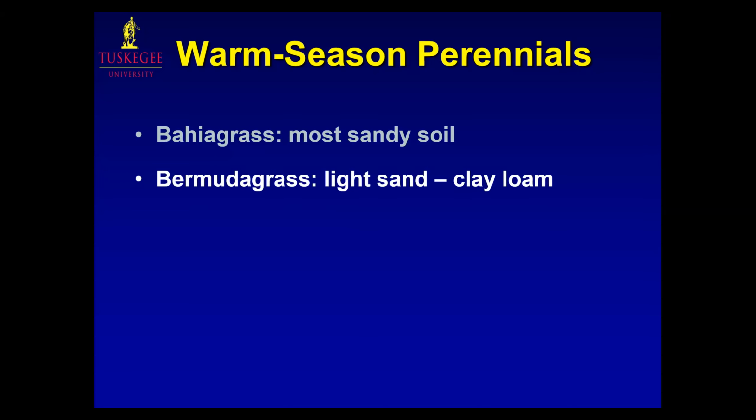Okay, Bermuda grass is another perennial warm season grass species. But the soil type for growing Bermuda grass ranges from light sand to clay loams. So if you have very heavy clay soil, Bermuda grass may not be a good choice for your pasture.